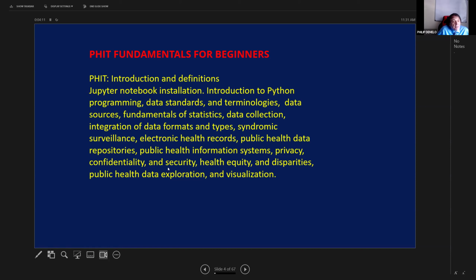It is descriptive statistics, how to collect the data, integration of data with different formats and types, syndromic surveillance, electronic health records, public health data repositories, public health information systems, privacy, confidentiality, and how public health informatics and technology can be used in health equity and mitigating health disparity. Then, of course, the capstone project is focused on public health data exploration and visualization.